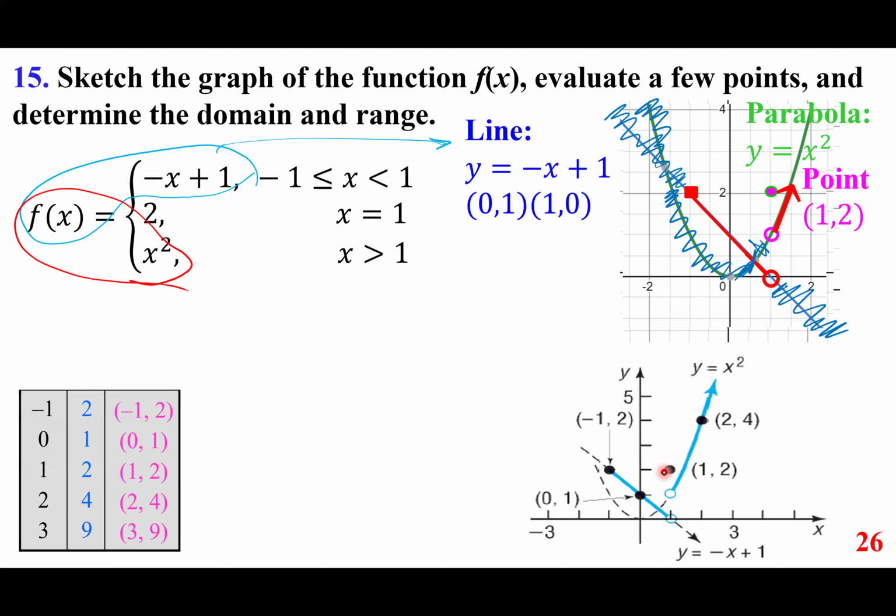Now, what about the domain and range? Domain starts from, if you remember, drop it along the x-axis. This covers -1, and this point covers this point. So from -1 to infinity. So break it along the x-axis. You get this one.